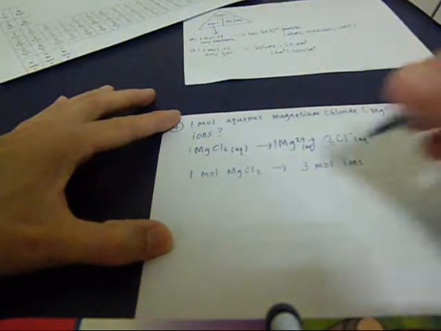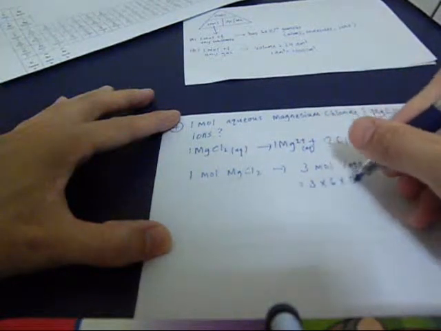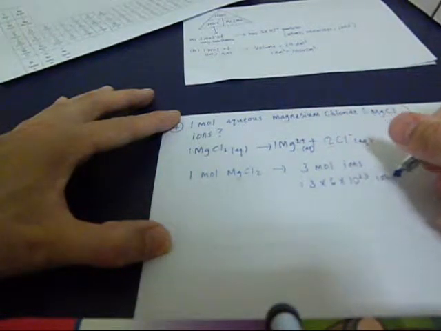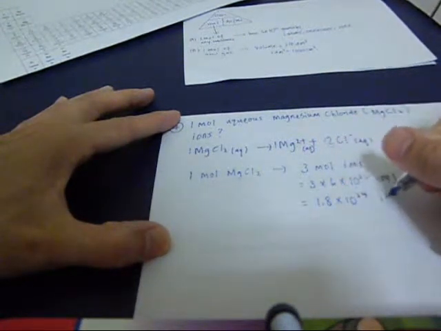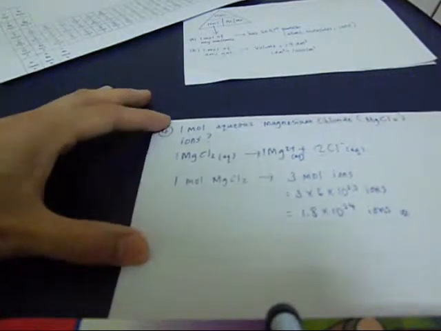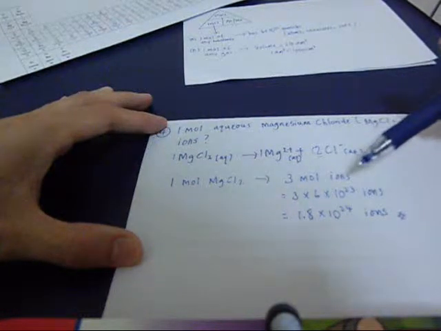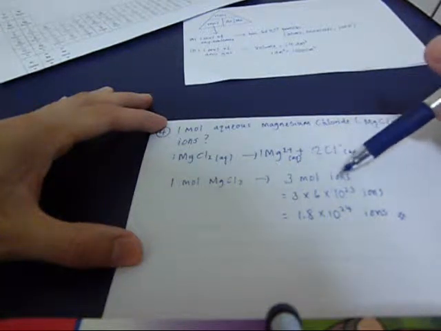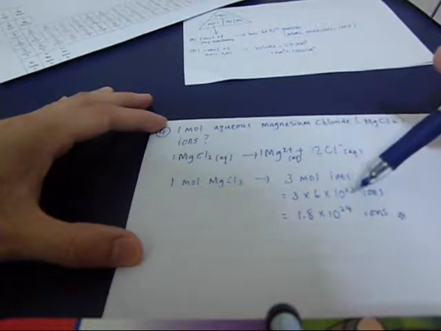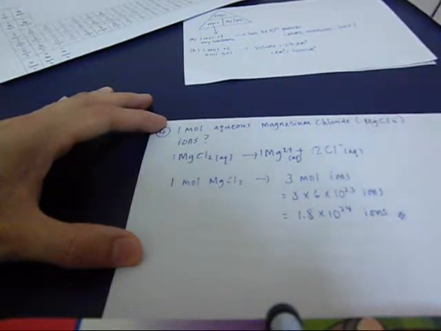And 3 mole of ions is 3 times 6 times 10 to the power 23 ions, which gives you 1.8 times 10 to the power 24 ions. This is your answer, because 1 mole of anything has 6 times 10 to the power 23 particles, and in this case the particles are ions. You have 3 mole of ions.